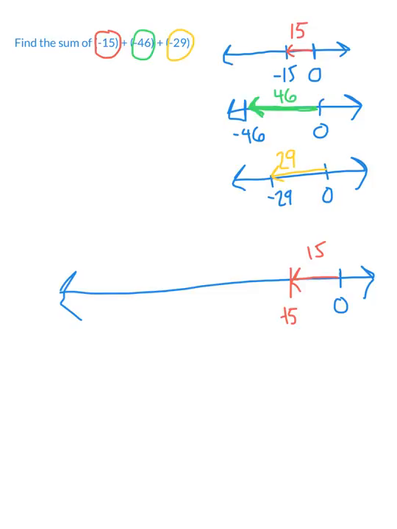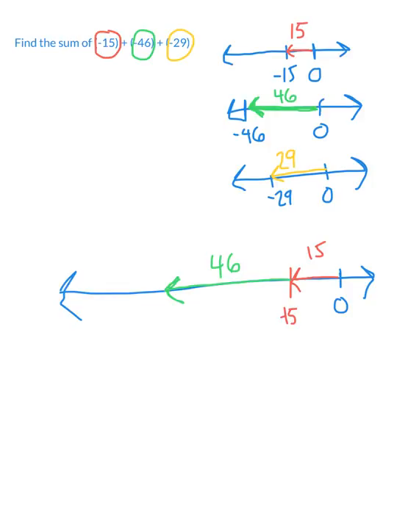Now, I'm going to add my negative 46 on top of that. So here's my negative 46, which has a distance, or the absolute value, of 46. And then on top of that, our last number to add is negative 29.